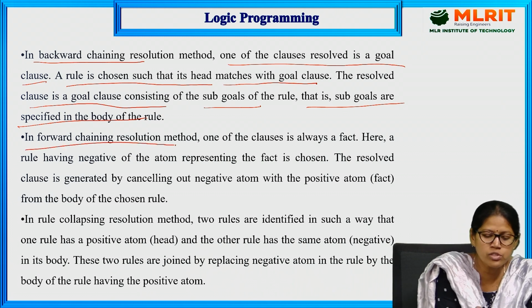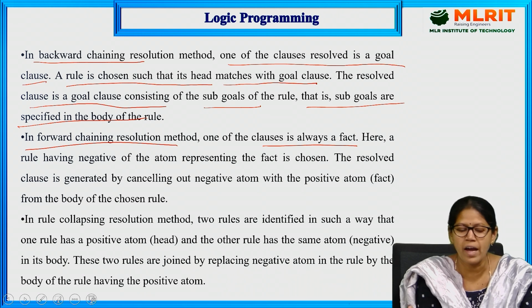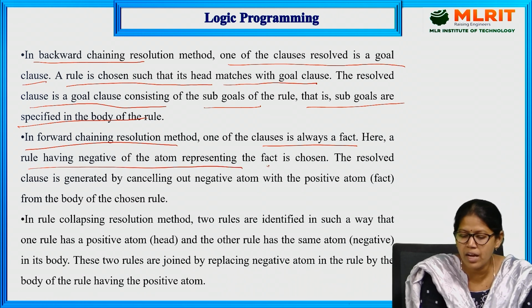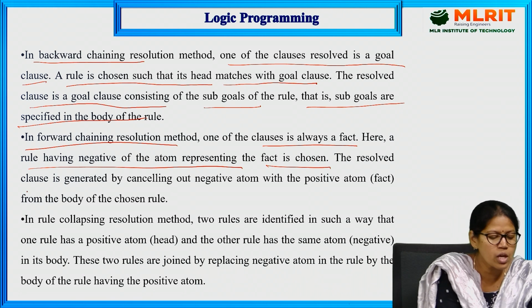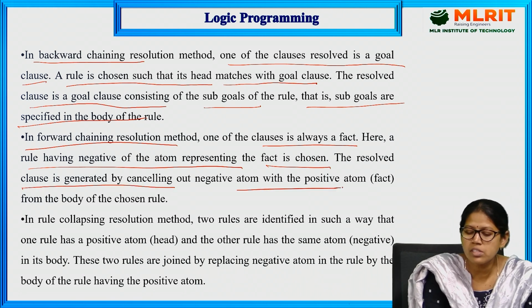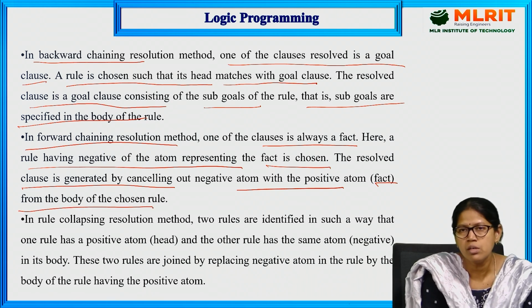Next, in the forward chaining resolution method, one of the clauses is always a fact. Here, a rule having the negative of the atom representing the fact is chosen. The resolved clause is generated by cancelling out the negative atom with the positive atom fact from the body of the chosen rule.